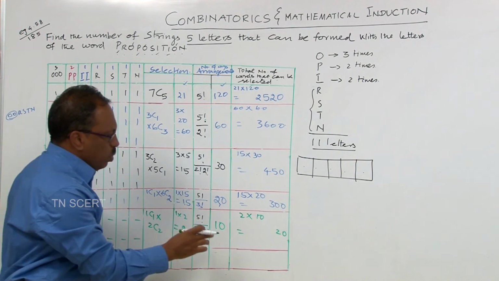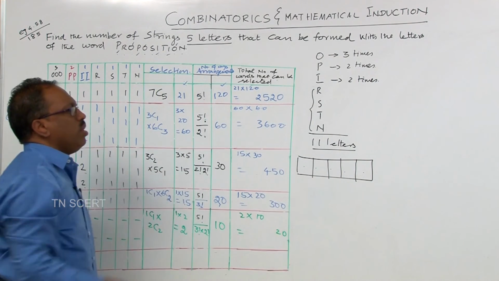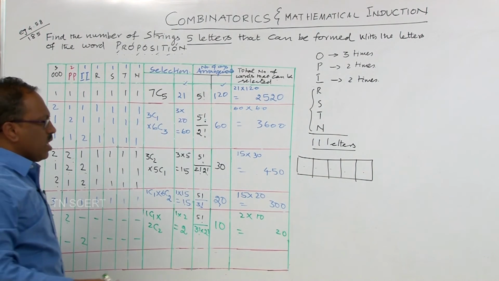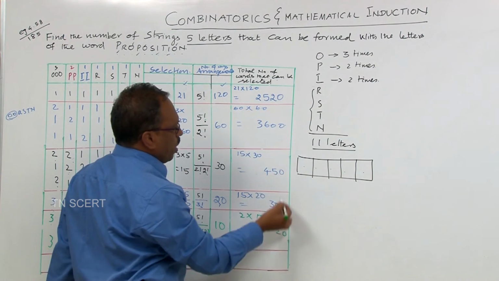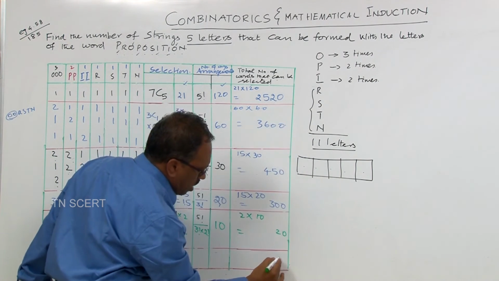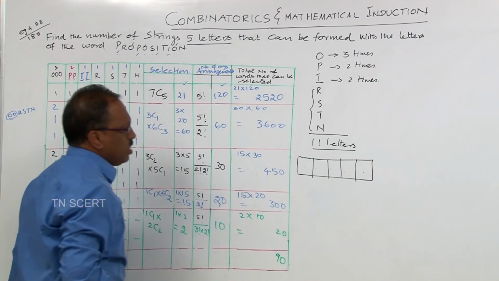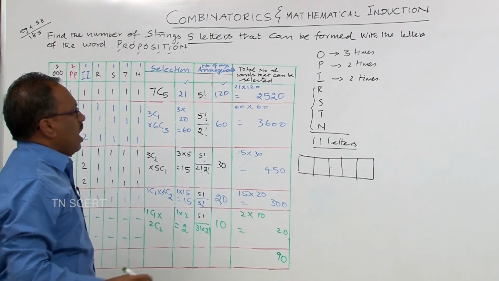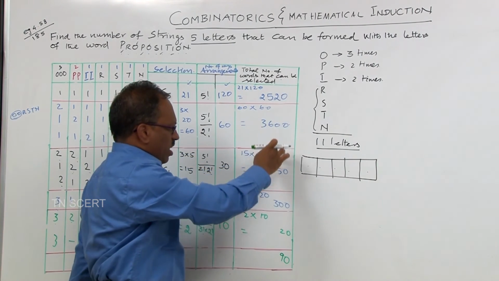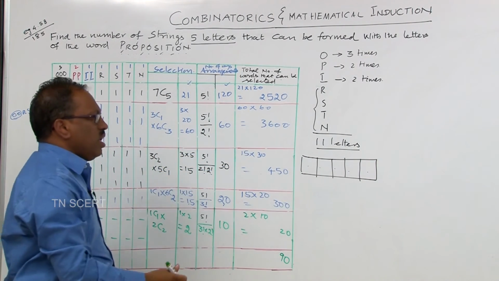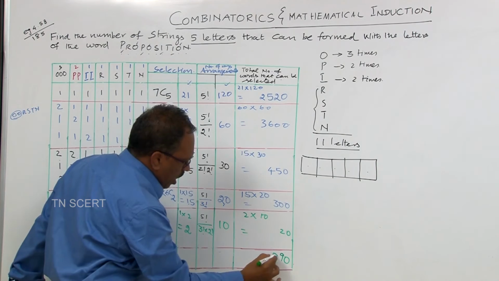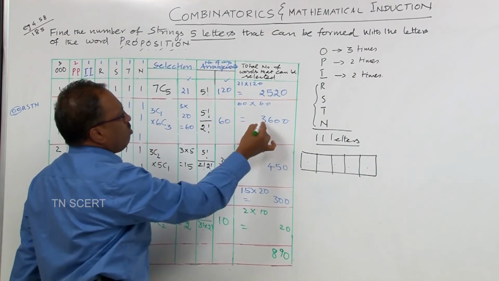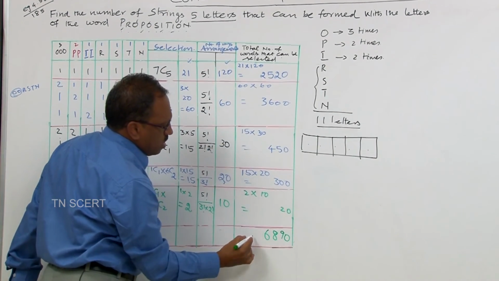So what are the possible ways here? You can sum up all these values. While you are summing up, 5 plus 2 plus 2, it is nothing but 9. 90. And then 5, 11, 15 and 3, that is nothing but 8. Remaining 1, 4 plus 2, 6.